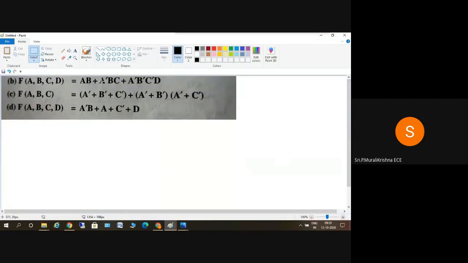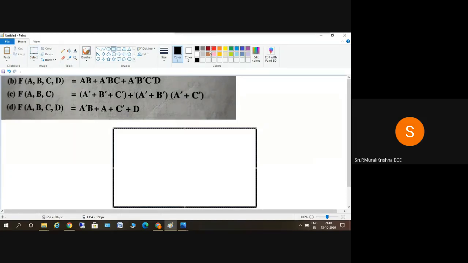That is AB plus A bar BC plus A bar B bar C bar B. Okay, so it may be quite simple because so మీరు రాయండి, మీరు చేస్తుండండి.